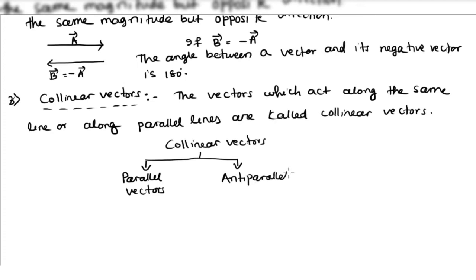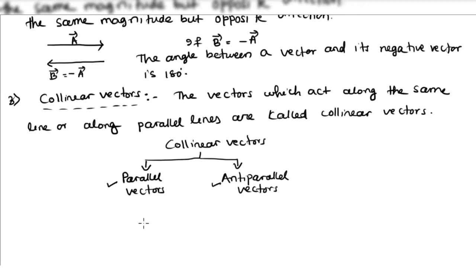So remember that if a number of vectors are acting along the same line of action or along parallel lines, then they are called collinear vectors. These collinear vectors can again be classified into two categories: parallel vectors and anti-parallel vectors.